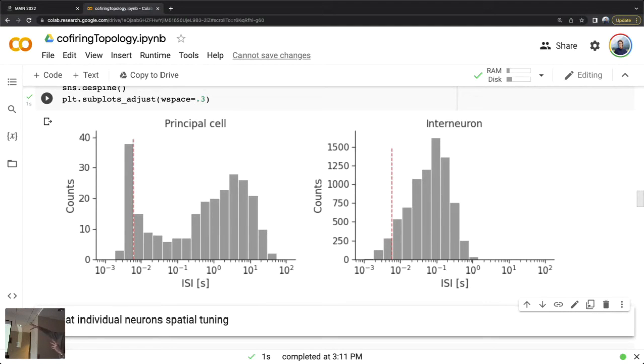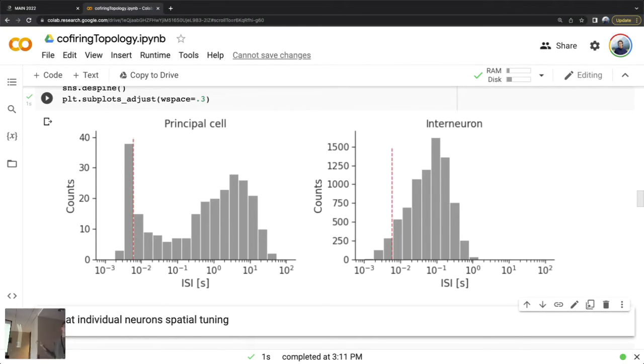But the majority of the time, these principal cells are very quiet. They will spike like 1 spike every second or even less on average. Instead, interneurons don't really have two defined states.